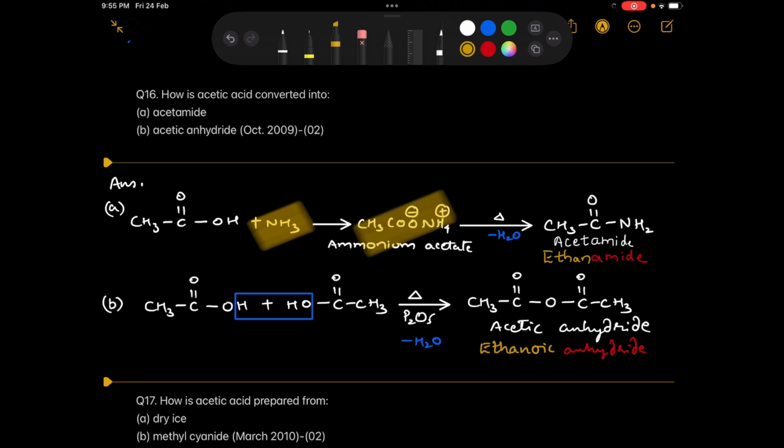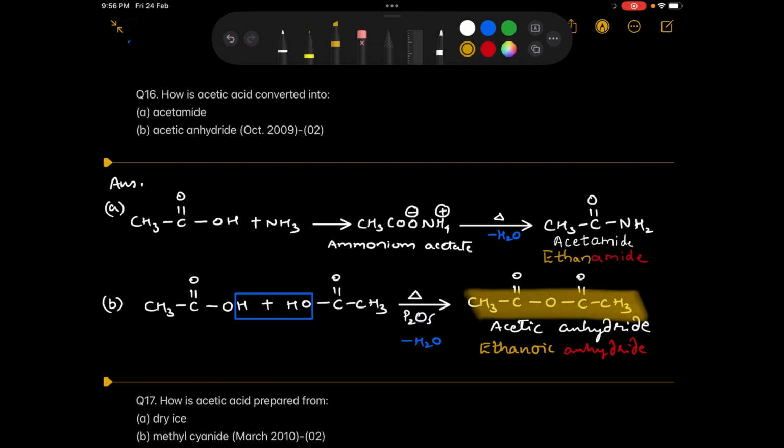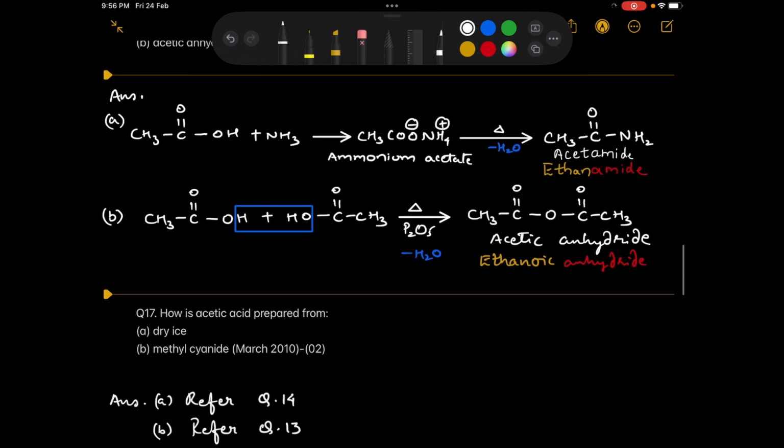It forms an intermediate, that is ammonium acetate, which on further heating gives us acetamide, CH3CONH2. The next one, we take acetic acid, 2 molecules, and we heat it in the presence of phosphorus pentoxide. By loss of 1 molecule of water, we get the formation of acetic anhydride, or we call it ethanoic anhydride. Let's move on to the next question.